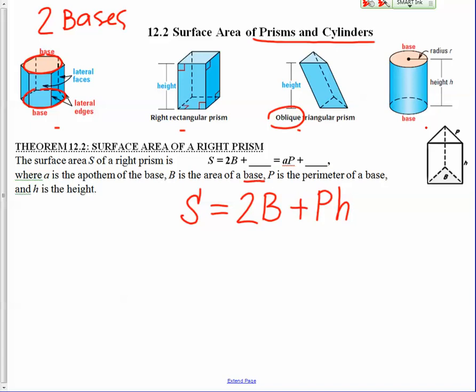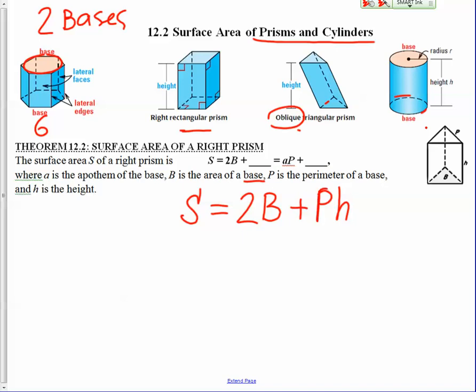It can be the area of a triangle, square, or rectangle, depending on what kind of shape your base is. In that case, this is a hexagon. In that case it looks like a square. In that case the base is a triangle. In that case it is a circle. So you find the area of the base multiplied by 2.